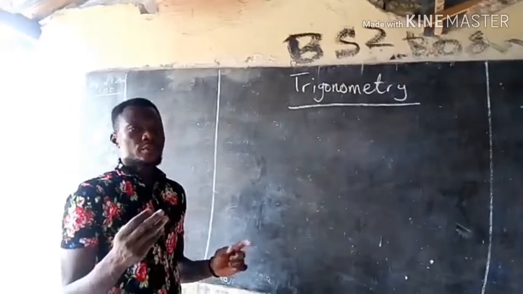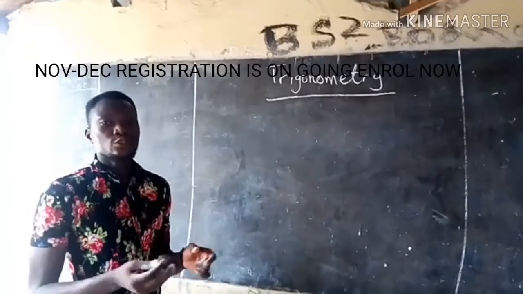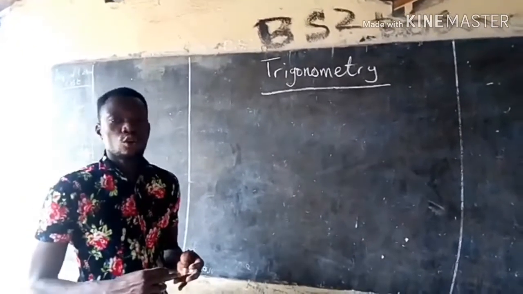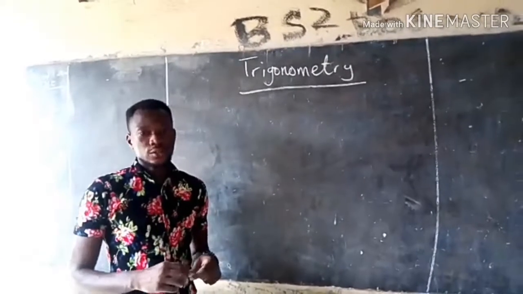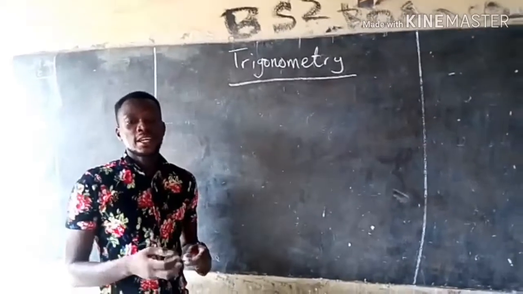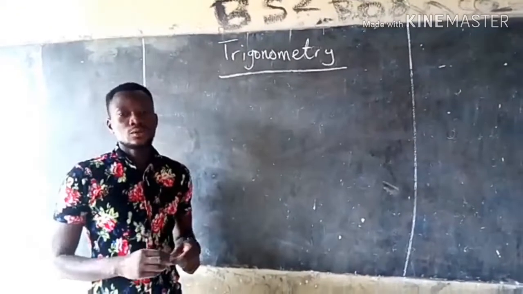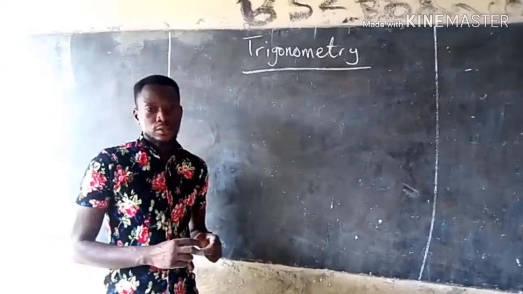So we've now understood that in the first quadrant, all the basic trig ratios, be it sine, cos, and tan, will give us positive values. Then in the second quadrant, it's only sine that will give you positive value. Cos and tan will give you negative values.